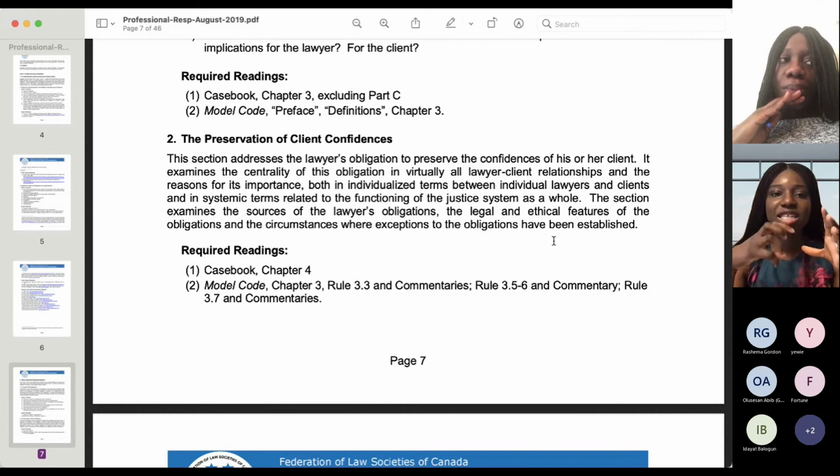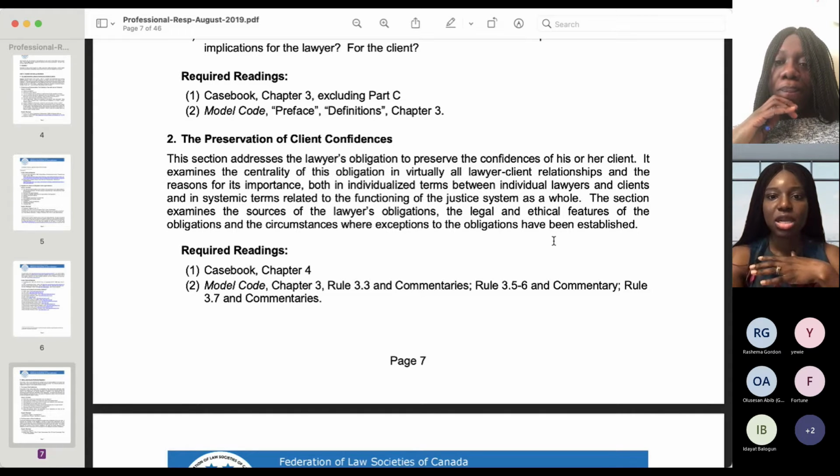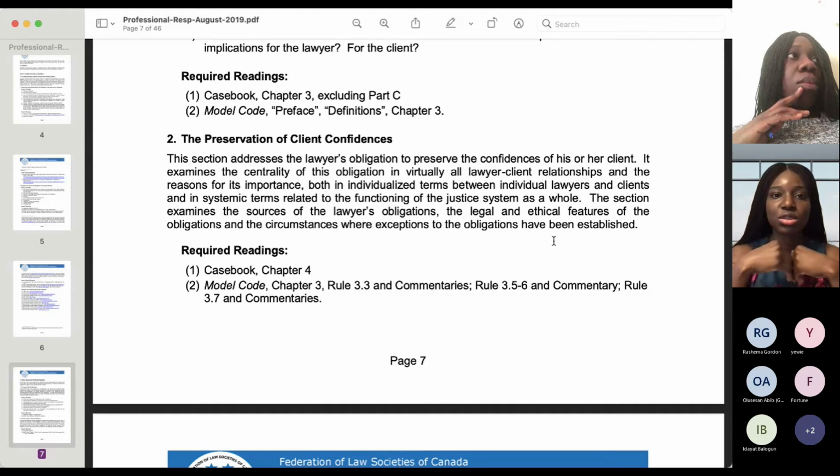So there's a public safety exception. To preserve the people in the public or the society, you have to report that information to the police so that your client can be stopped. There are also exceptions of fraud. There are also listed things that you should note when you're reading this part of the syllabus. Okay.